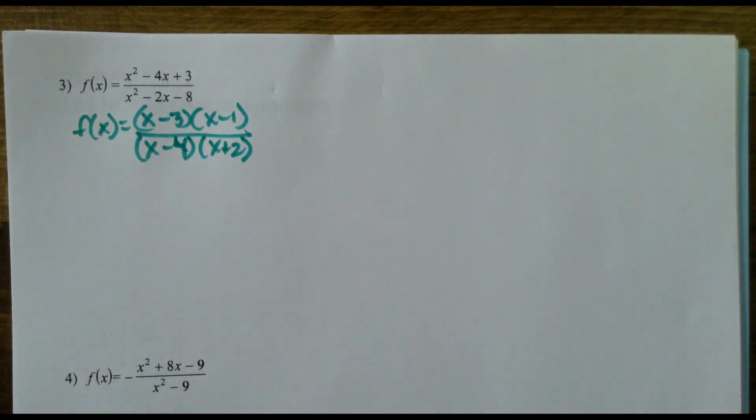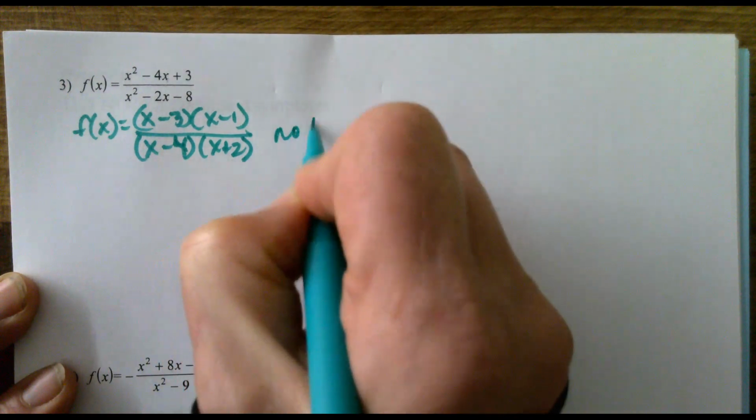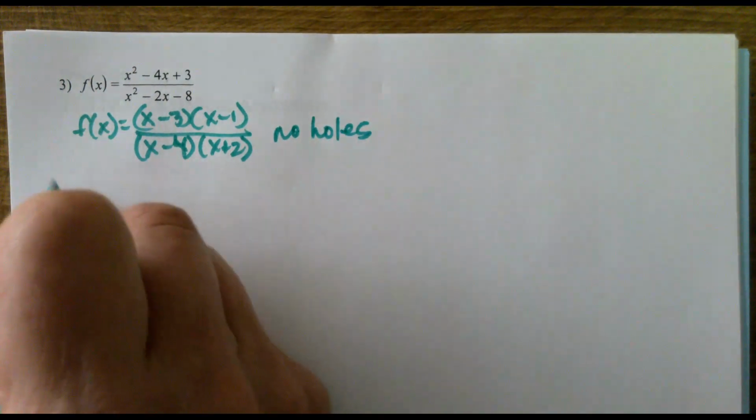I factored my function. Are there any holes? Is there anything that has identical quantities that I can cancel out? Nope. So no holes. I'll just make a note to myself, no holes.